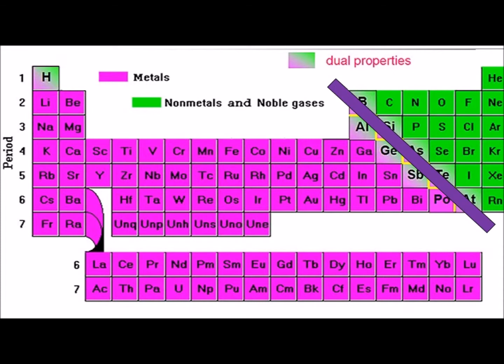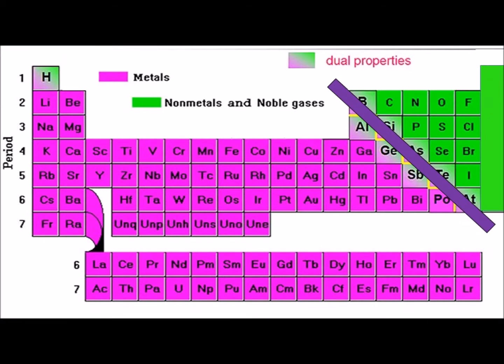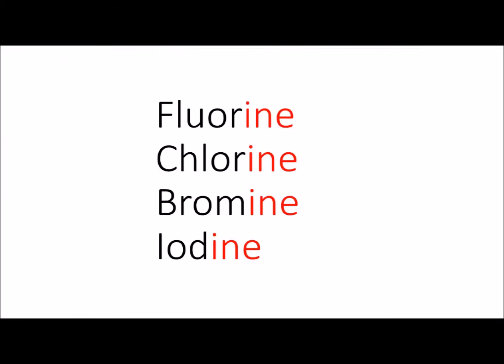If we go to the far right and we look at group 8 or group 0, all those elements apart from helium end in ON, so they're recognisable. That leaves about 10 more non-metals. You should also be learning about group 7 separately. Their names end in INE, and you should know what each of those looks like.